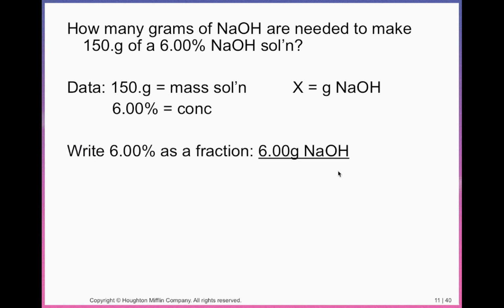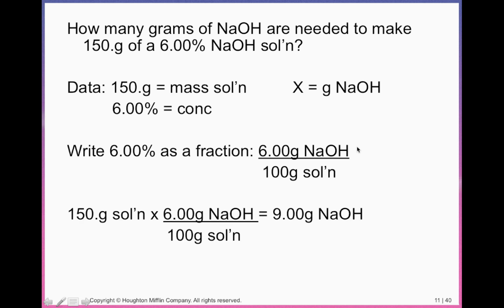Now the important thing is to write the 6% as the fraction 6 over 100, 6 grams of NaOH per 100 grams of solution. And then this becomes a conversion factor. I can write it this way, or I can invert it if I need to. Now if I just take my 150 grams, which is the mass of the solution, you can see how I can just multiply it by this and get my answer.